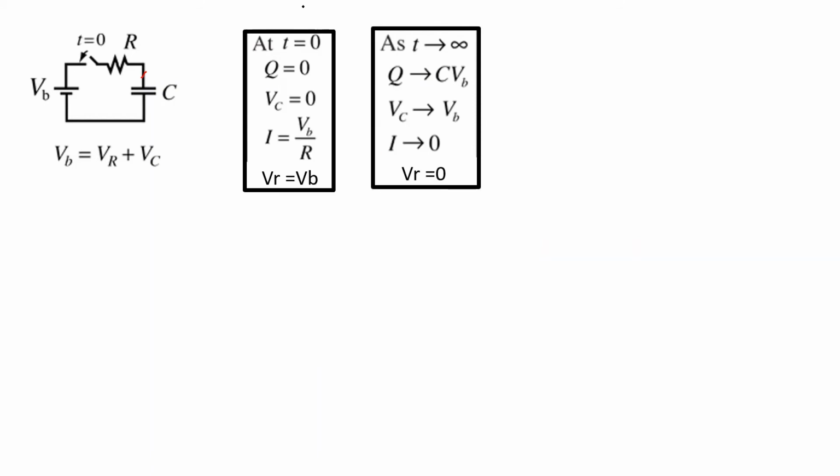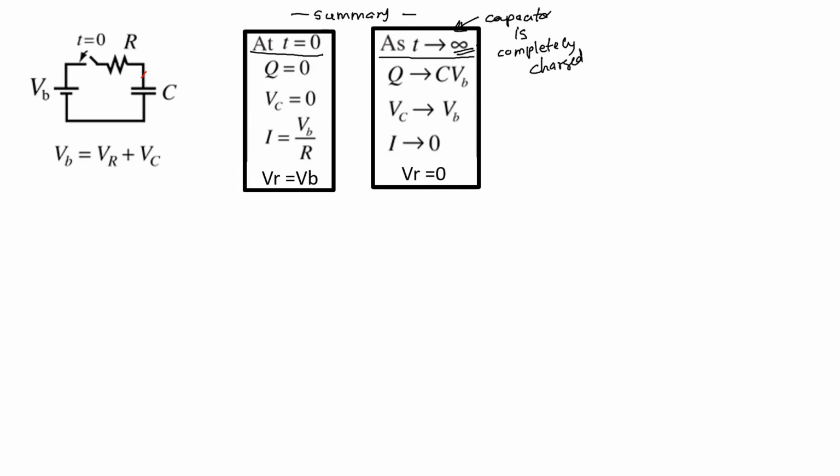Okay, so here I have a summary of what we did in the previous slide. We know what is happening at t equals 0 and what is happening at t equals infinity, or once your capacitor is completely charged. That is what we usually call infinity.